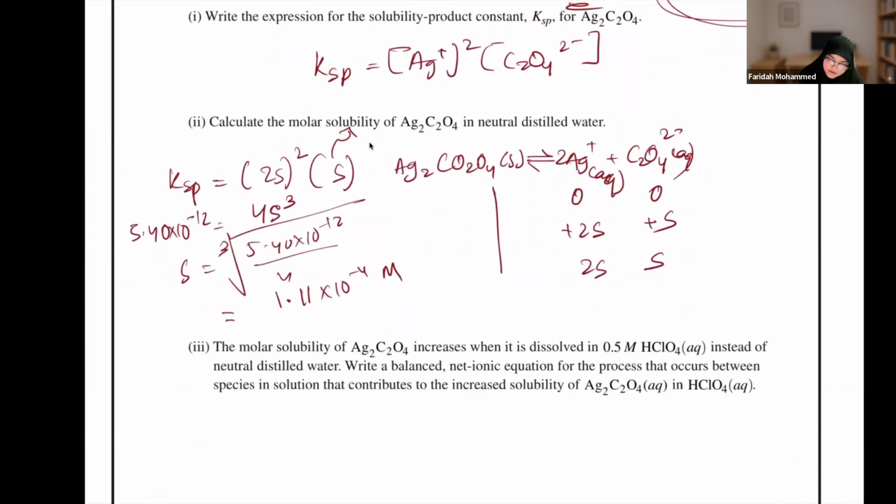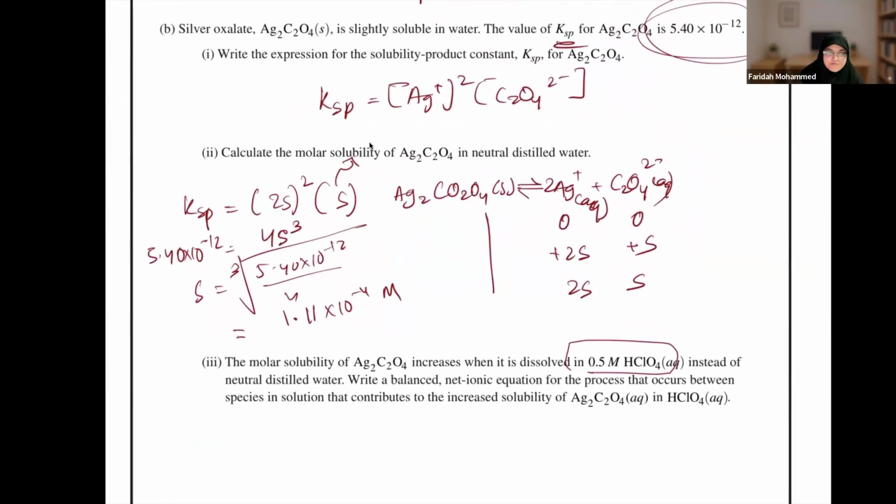The molar solubility increases when it is dissolved in this instead of neutral water. Write the balanced equation that happens here. Again, for this, what did we say? Strong acid dissociates completely. So this is going to be H plus and ClO4 minus.